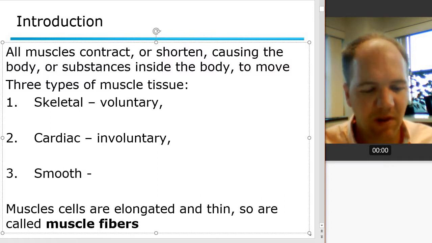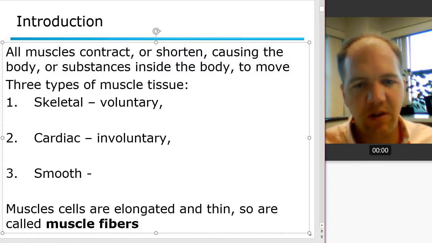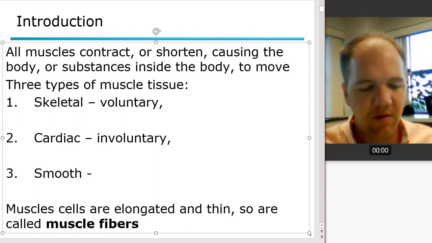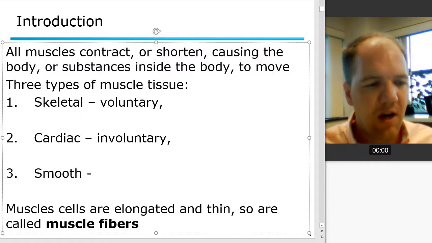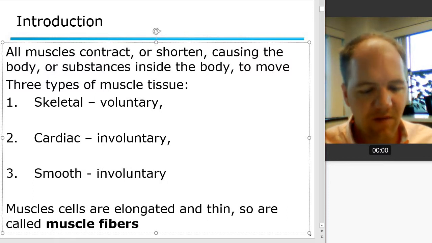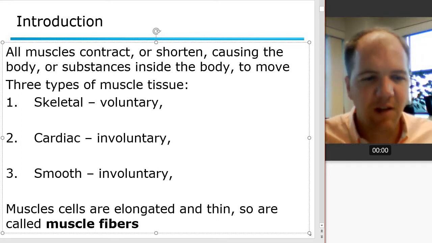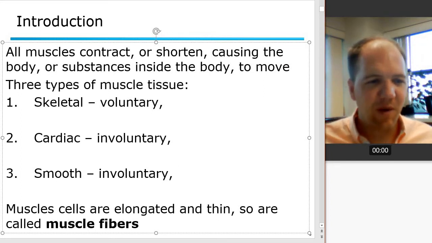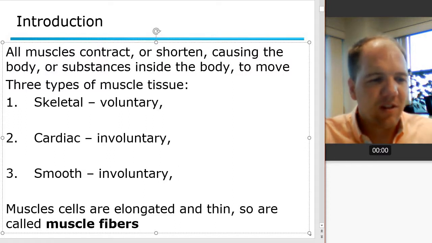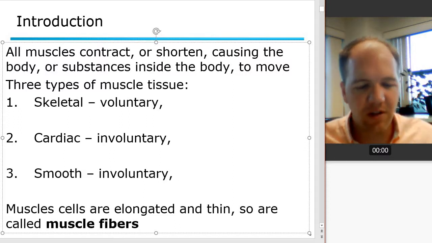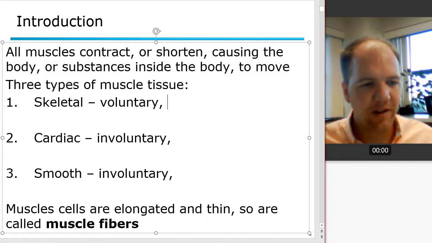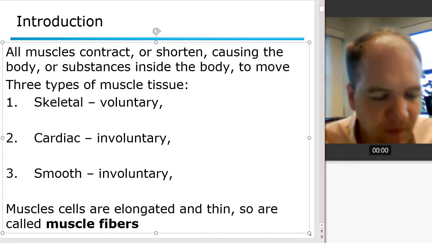It's pumping, and that can be increased and decreased based on physiological signals, but we can't think about increasing our heart rate or not. The same thing with smooth muscles. They are involuntary, so we don't control our digestive muscles and all those things. Luckily, it'd take a lot of effort if we had to think about all these things. So smooth muscles and cardiac muscles are involuntary. Skeletal muscles are voluntary, and that's one thing that sets skeletal muscle apart from these other two.